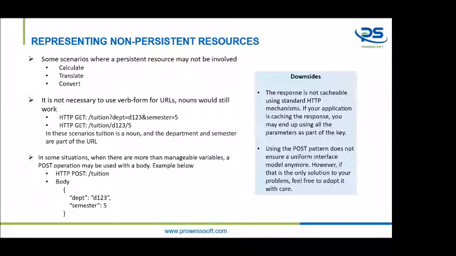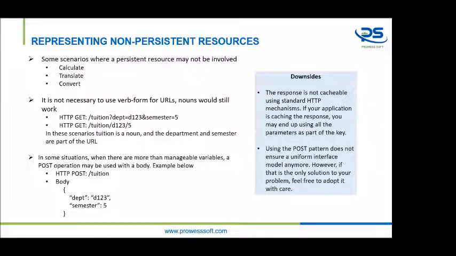So in this case, it may be tempting for you to say translate to a certain language, translate to English, for example, or translate to French. So that will make it a verb form of URL again. The examples below just show that even for cases where you're dealing with non-persistent resources, you can still use the noun forms.